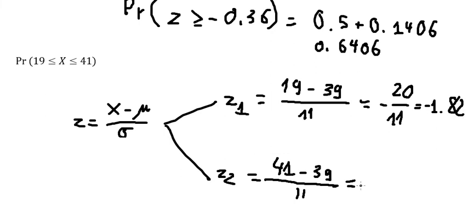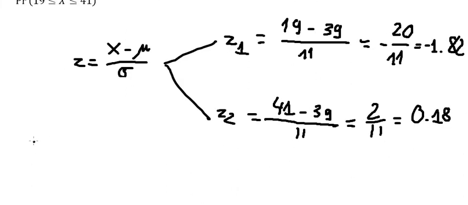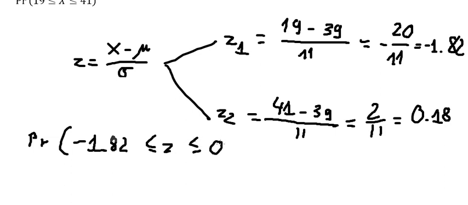This one we calculate, and we have 2 over 11, and this one is approximately 0.18. So we need to find the probability between negative 1.82 and 0.18.